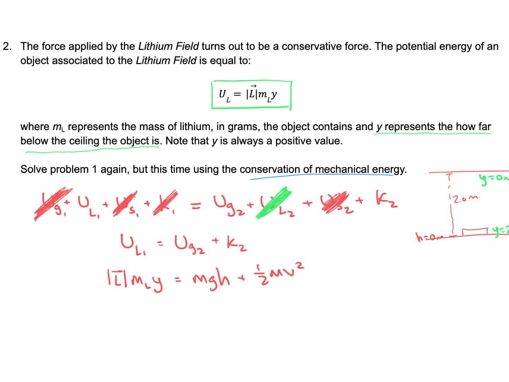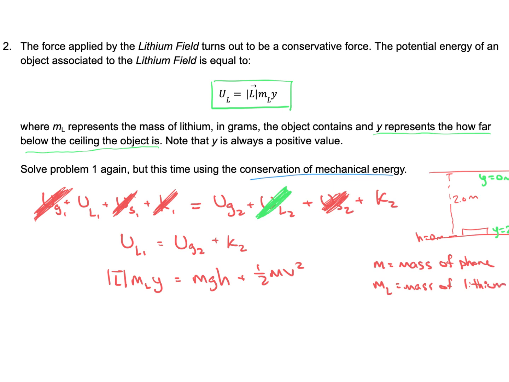The normal m is the mass of the phone, whereas the m with the subscript L is the mass of the lithium. So we actually cannot cancel these m's out because they are 2 different m's.